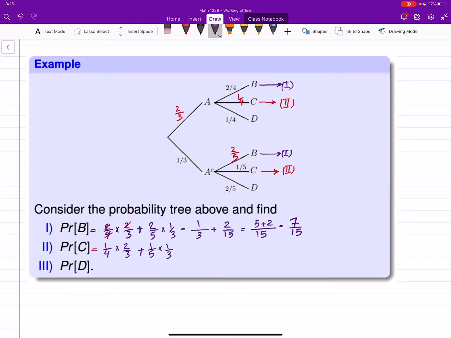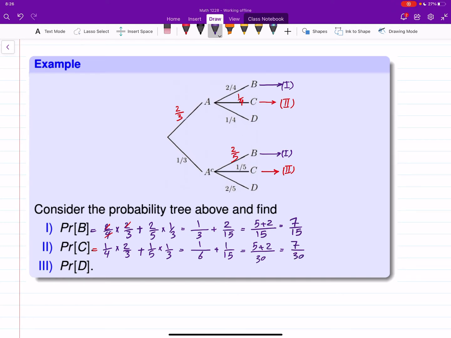Then add these. This will give me 1 over 6 plus 1 over 15. And 30 is the common denominator, 5, 2. This is 7 over 30.